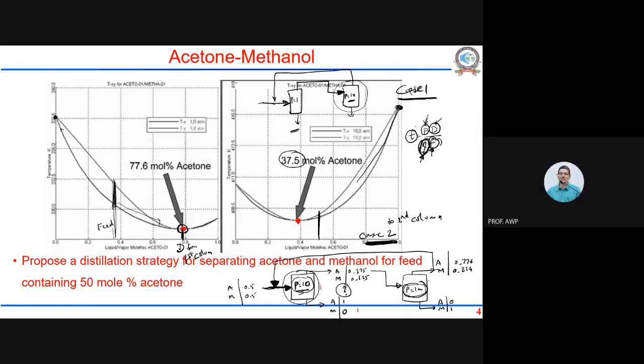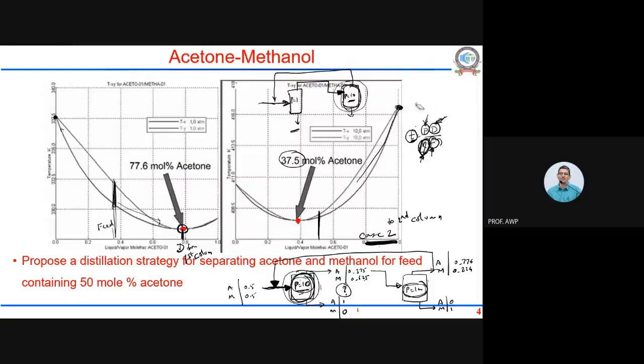So if pressure is higher and diameter is higher, thickness would be larger. In this case diameter is smaller, in this case diameter is larger, so the thickness of the 10 atmosphere column would be larger in case 2 as compared to case 1. So cost would be higher, plus the reboiler, everything would be higher for case 2 as compared to case 1.